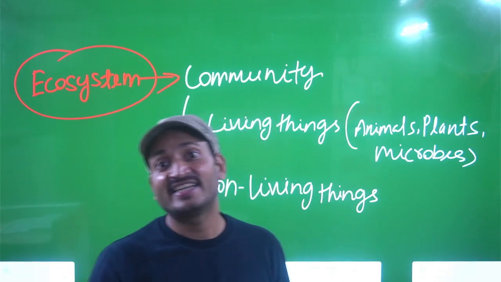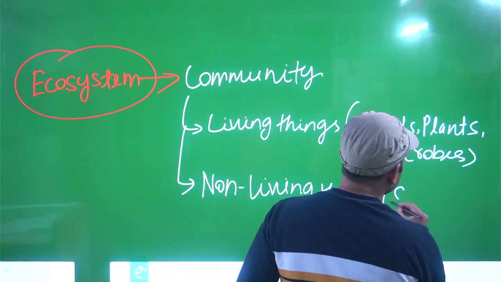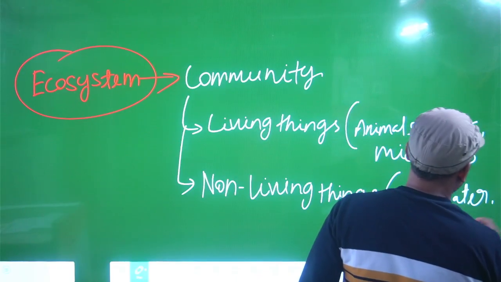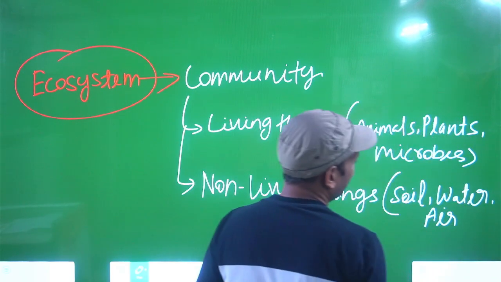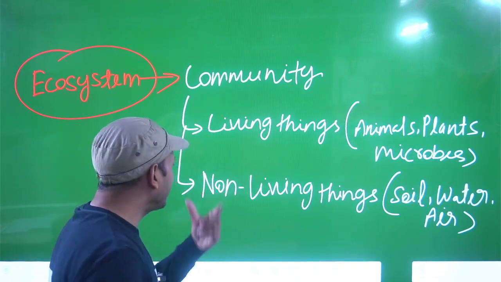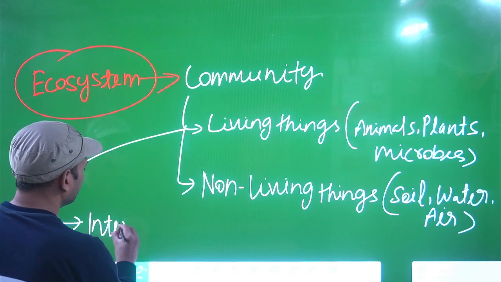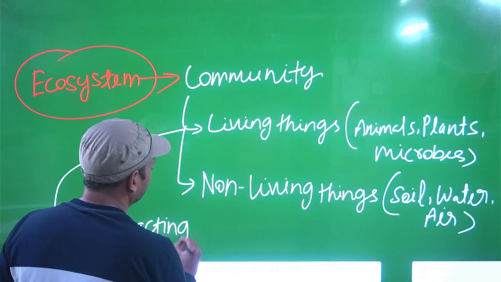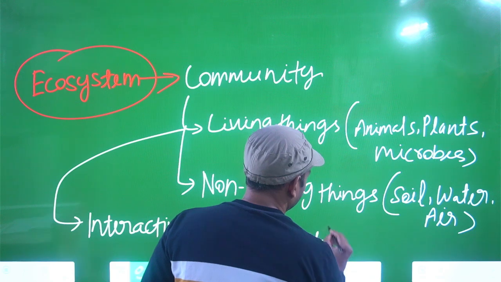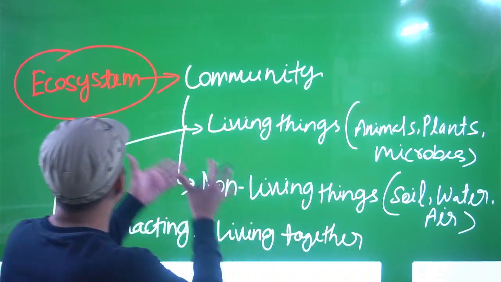Hope you are enjoying. Non-living things like soil, water, air, sunlight, etc. So an ecosystem is a community of living things and non-living things, both interacting with each other and living together.